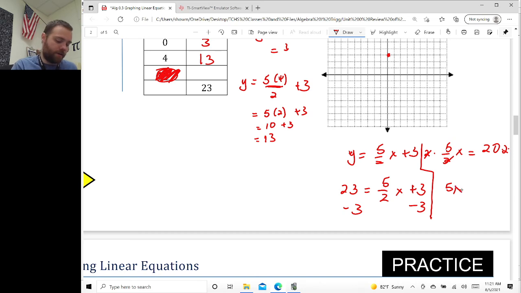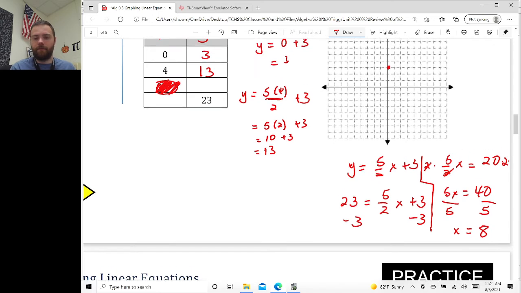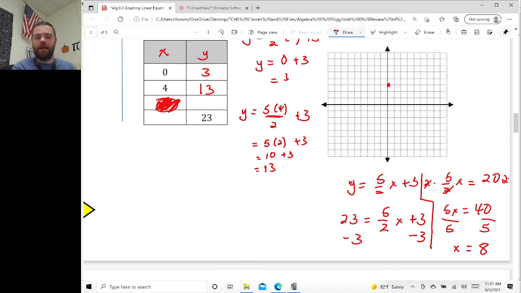On the other side of the equation, I've got 20 times 2, which is 40, so I've got 5x equals 40. So I can divide both sides by 5, and I get x is equal to 40 divided by 5, which is 8. So x equals 8 when y equals 23.